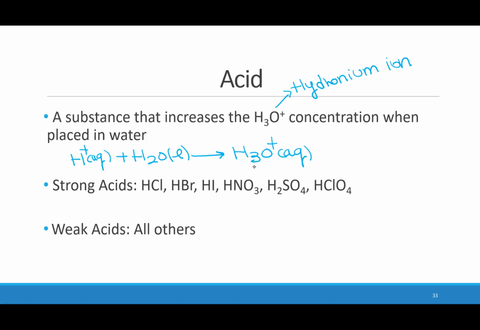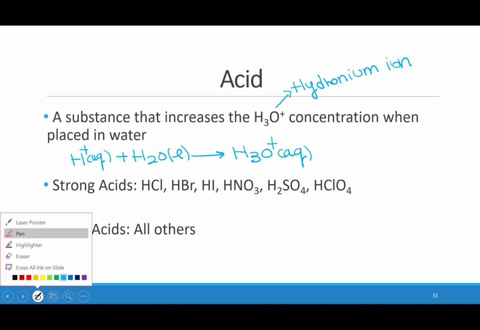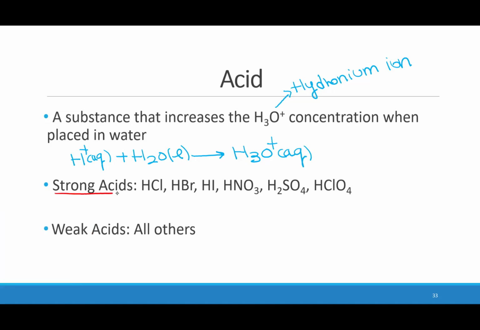Then acids, they carry hydronium ion. Okay, this is the list of your strong acids, which you need to know. Okay, these are all the strong acids which you need to know and memorize. Then everything else will be weak. Okay, then remember the list of your strong acids.